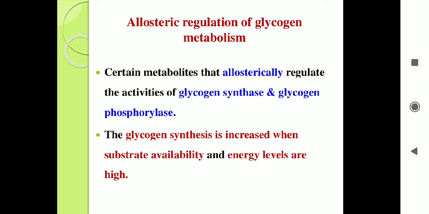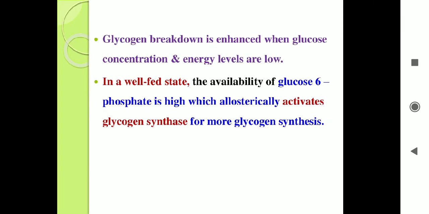If there is a higher amount of substrate for the glycogen synthase enzyme, it will produce glycogen, and the energy level, meaning its production, will be more. Okay, then glycogen breakdown is enhanced when glucose concentration and energy levels are low. When is glycogen broken down? When there is not sufficient energy, or you can say glucose concentration, at that time glycogen will be broken down more.